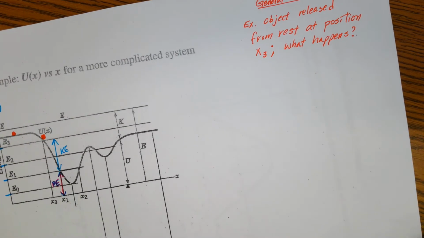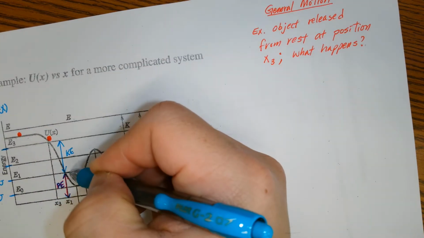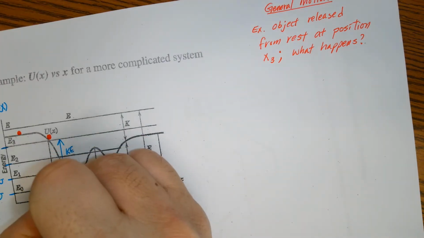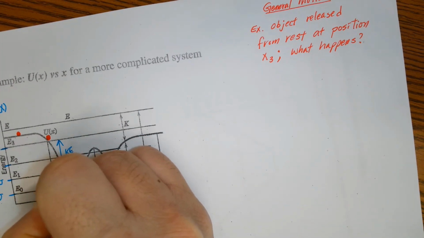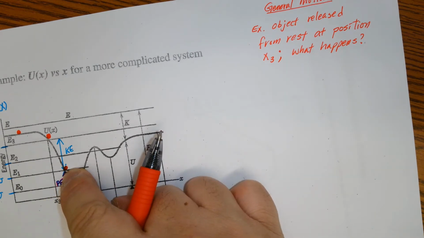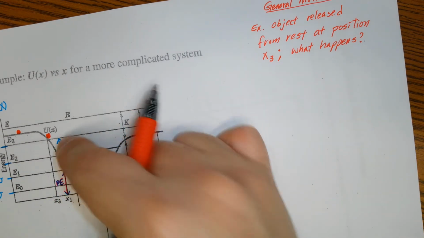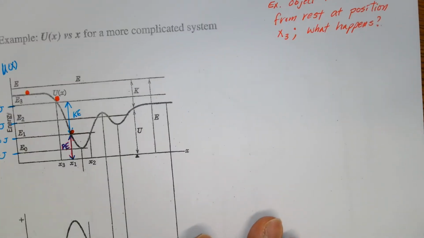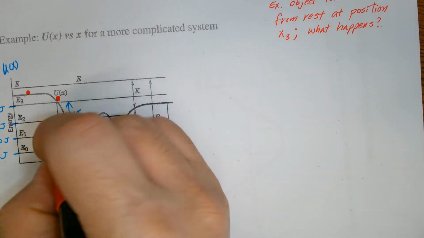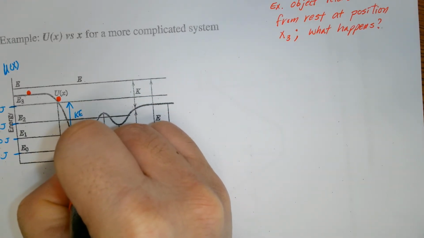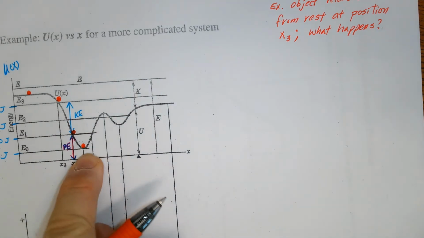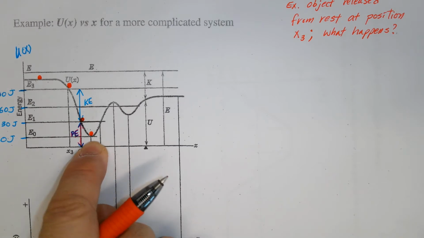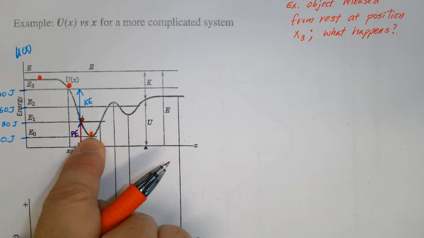So at this point, when the marble's down here, right, it would have 30 joules of potential energy, right, and 70 joules of kinetic energy. Now, what about at this position? At this position, I have 0 potential energy, and it all converted into basically kinetic energy.